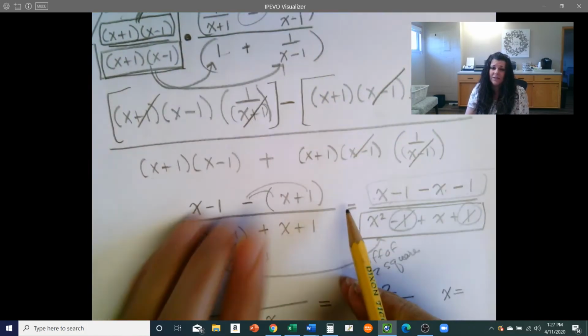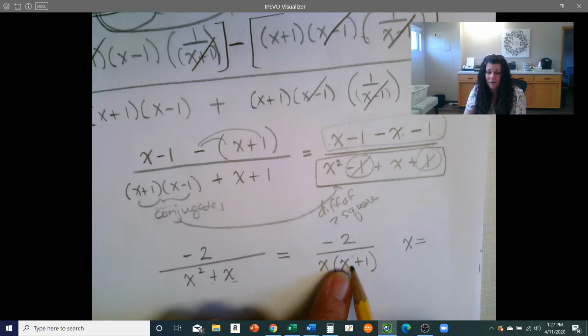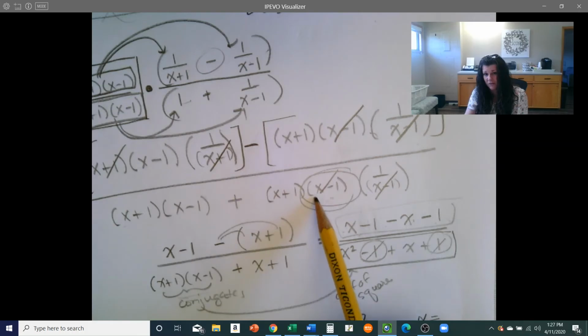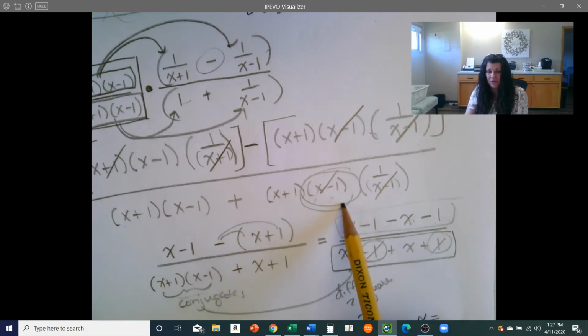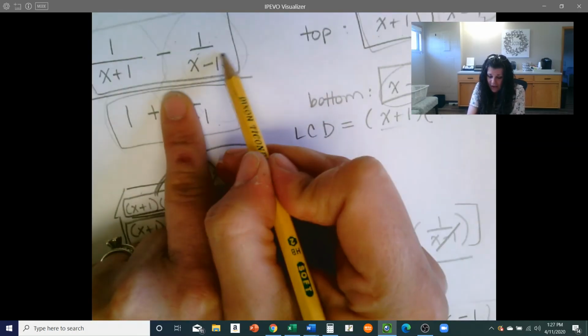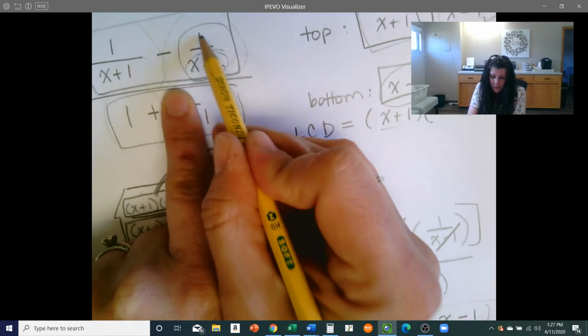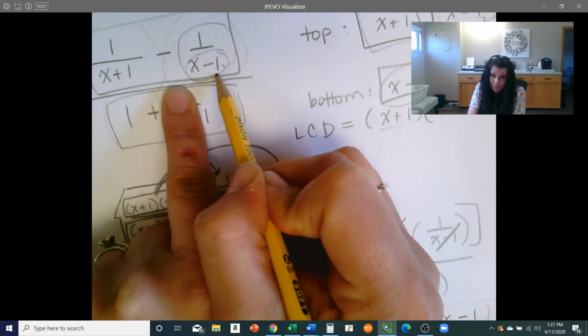Okay, down here in my answer, x minus 1 doesn't show up. And because of that, I've eliminated this possibility here of x being 1 and that making this 0. And I can't have that. I can't have x be 1 because 1 minus 1 would be 0, and then this would be 1 over 0, which is a no-no.